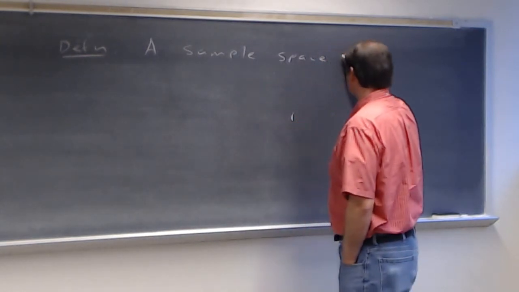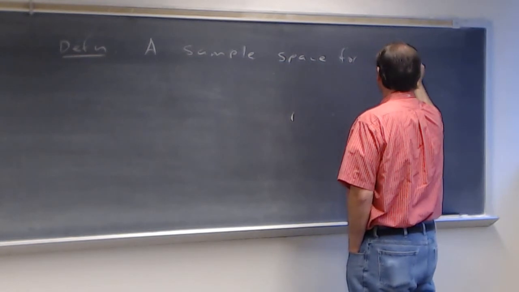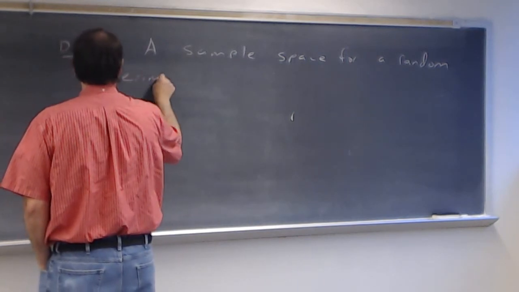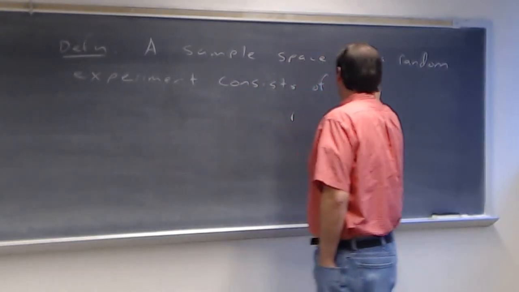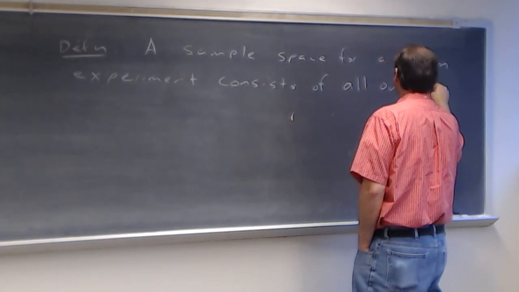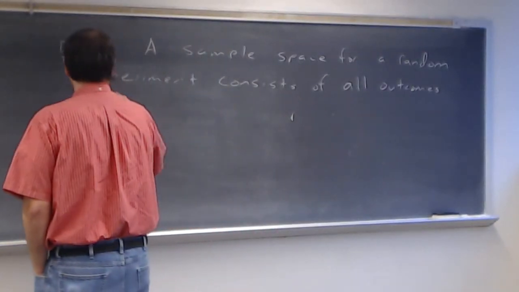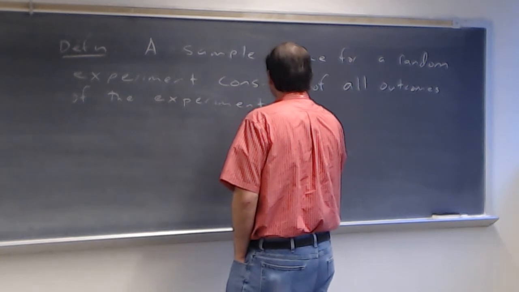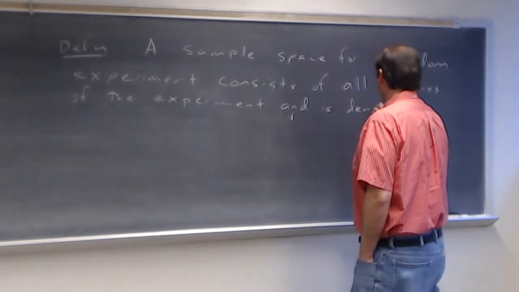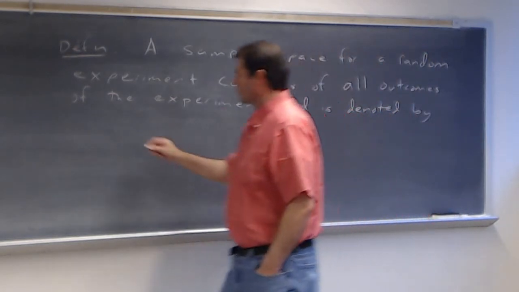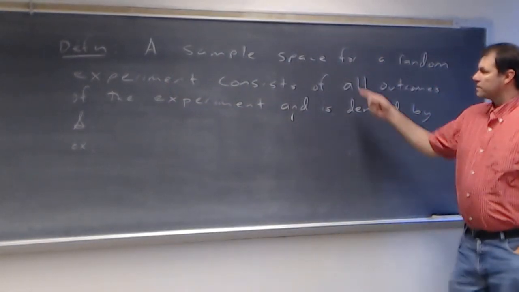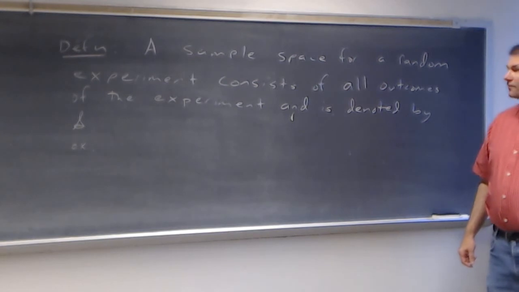The sample space for a random experiment consists of all outcomes of the experiment, and is denoted by script S. So the sample space is a set. It's a collection of the outcomes.